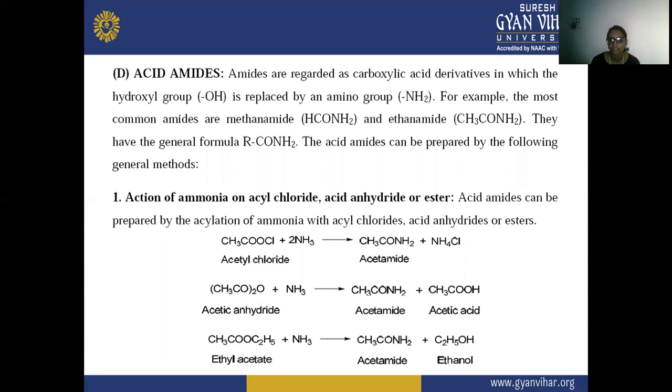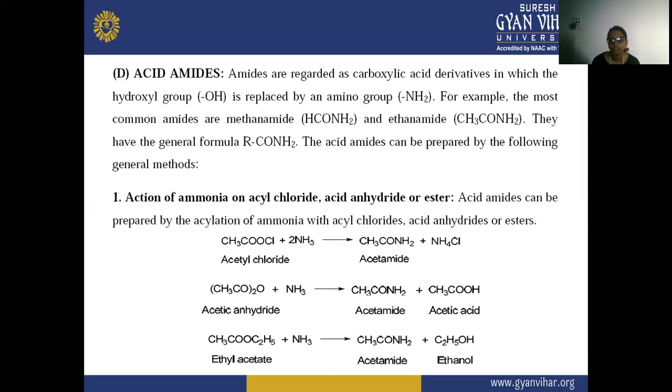Next is ethyl acetate. Ethyl acetate plus ammonia, so it is CH3COOC2H5 plus NH3, and there is a formation of acetamide plus ethanol. Here the CH3CO part gets attached to NH2, and the H removed from the ammonia gets attached to C2H5O, forming OH.